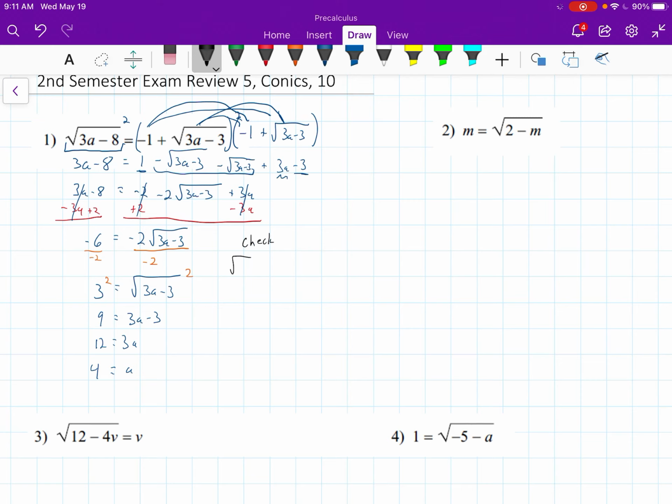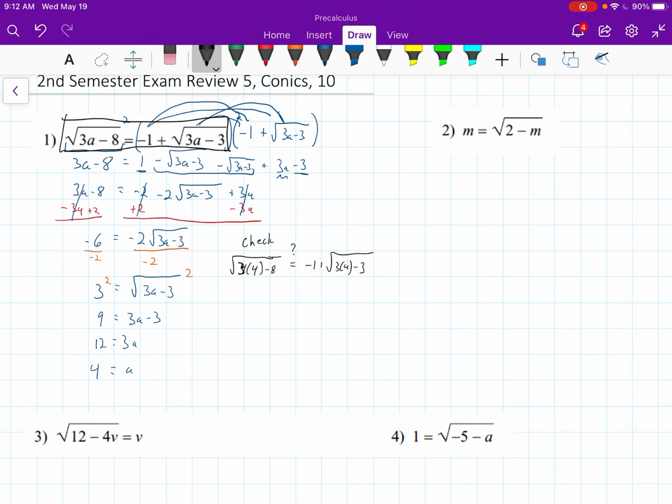So we have the square root of 3 times 4, so I'm putting it back into the original, minus 8. And we want to check, does that actually equal negative 1 plus the square root of 3 times 4 minus 3.